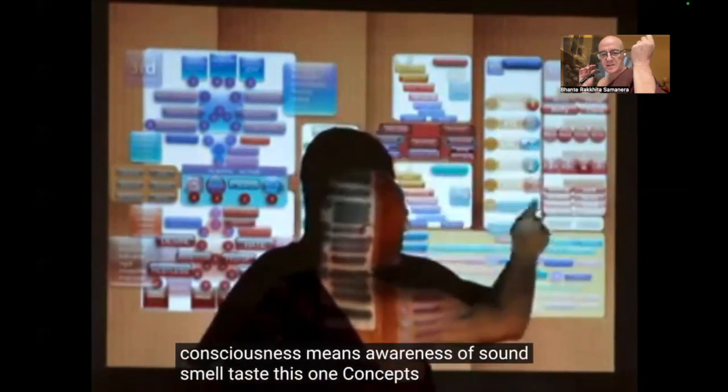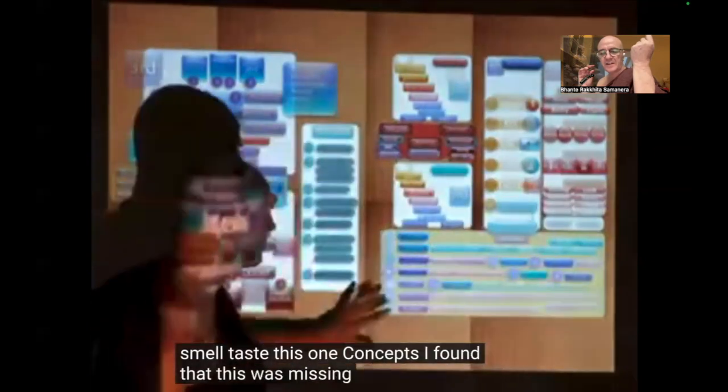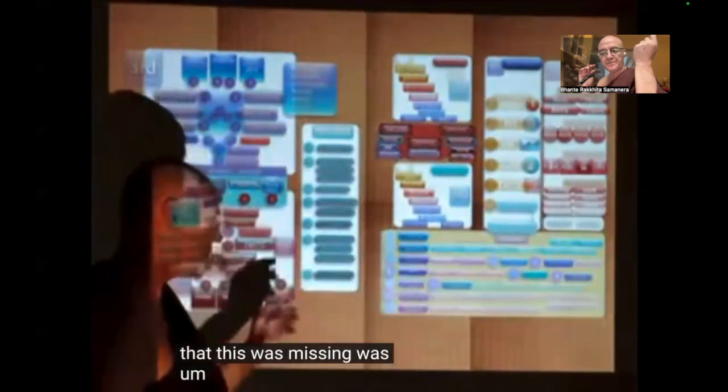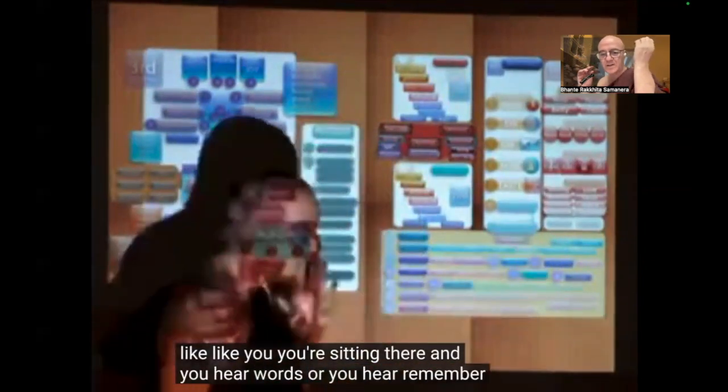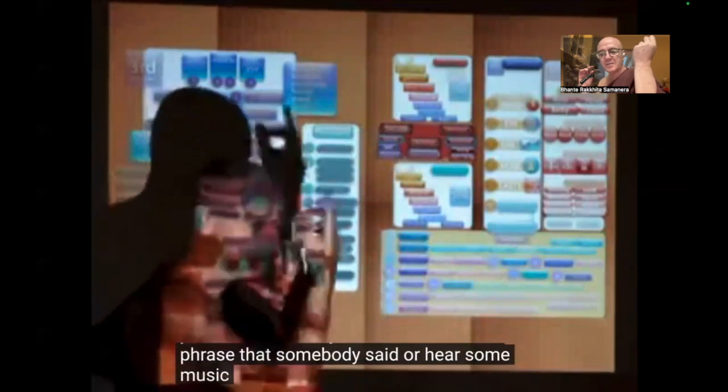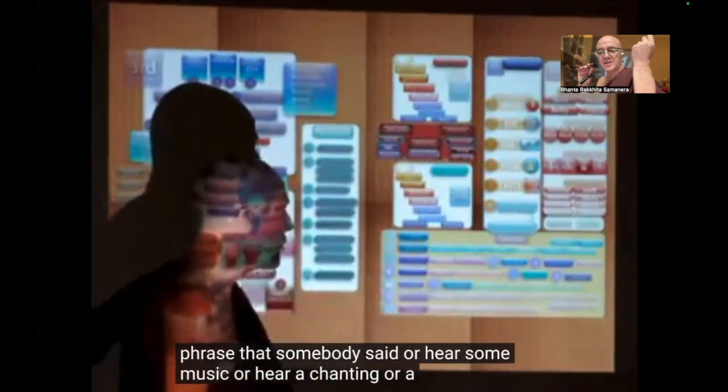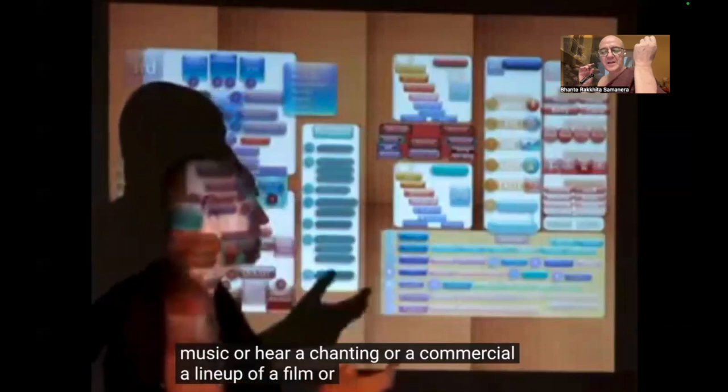Smell, taste. And this one, concepts. I found that this was missing. Concepts tend to be images or sounds, like when you're sitting there and you hear words, or you remember a phrase that somebody said, or hear some music, or a chanting, or a commercial, a line of a film.